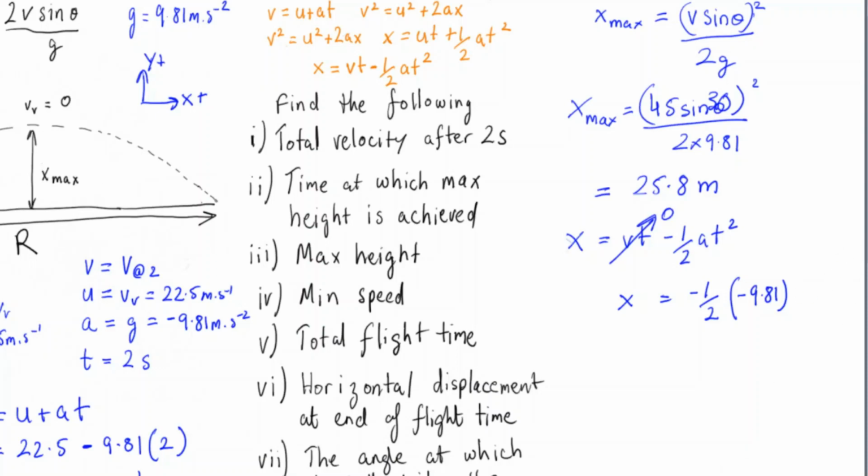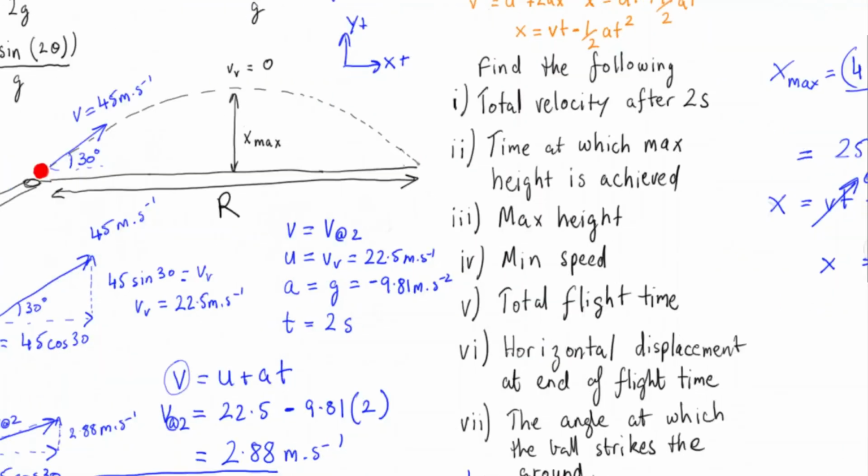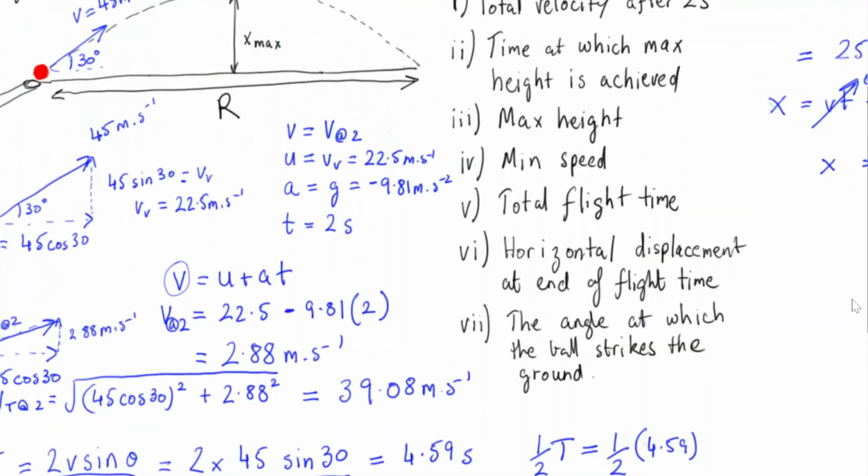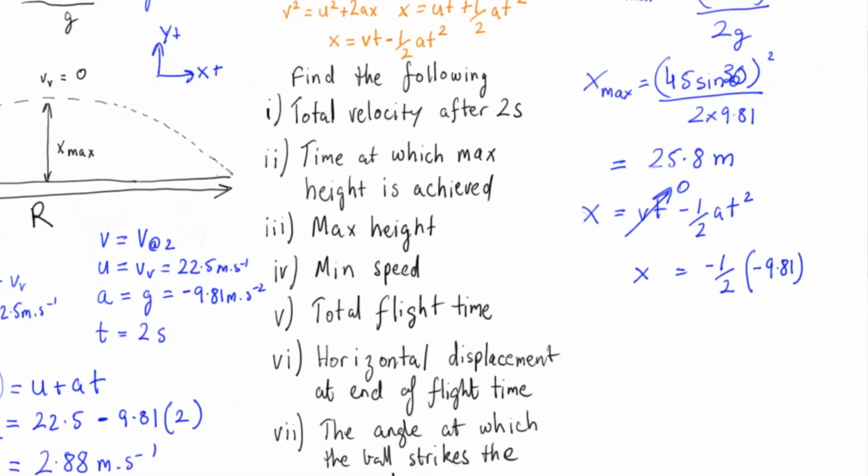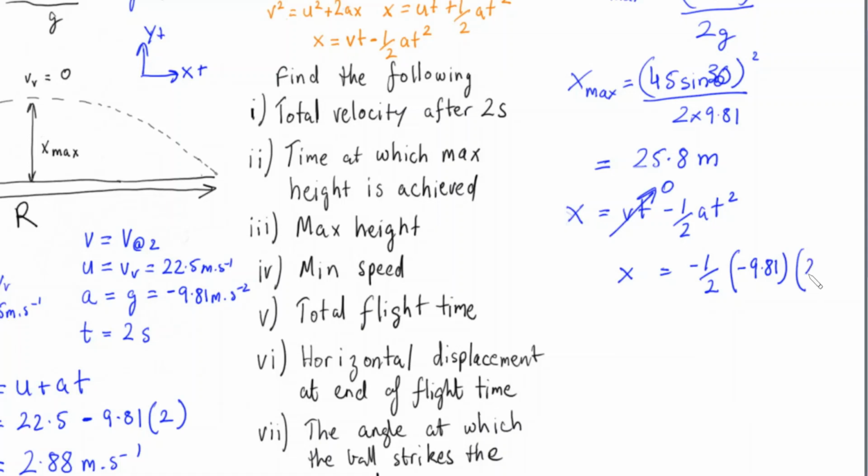And we know the t that we found before was just 2.29 from our previous question. So 2.29, and we're going to square that. And this here should equal this. So let's just put that into the calculator and confirm. And to no one's surprise, that gives you 25.8 meters as well.